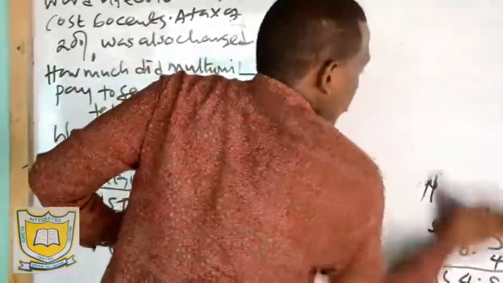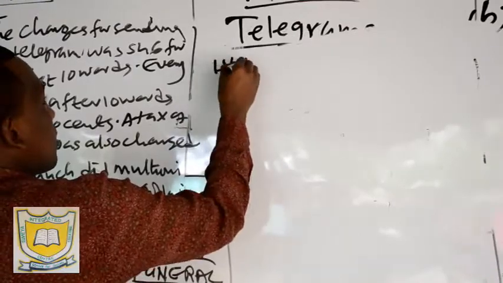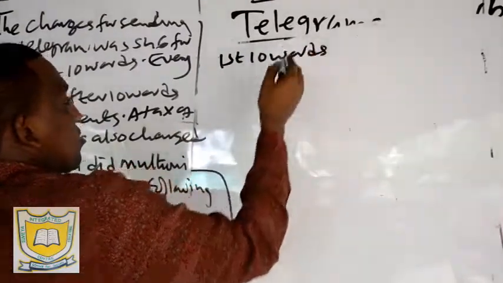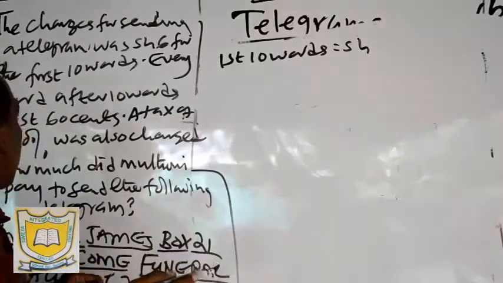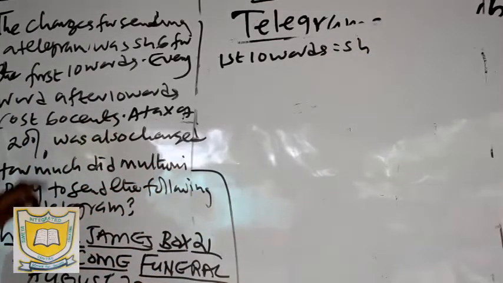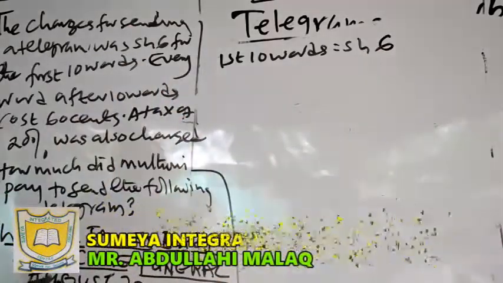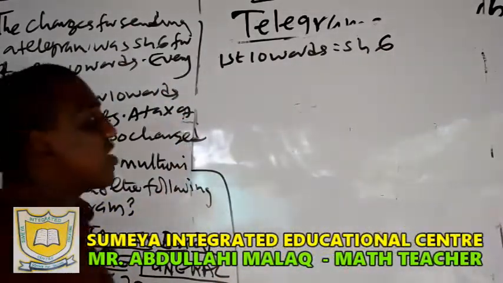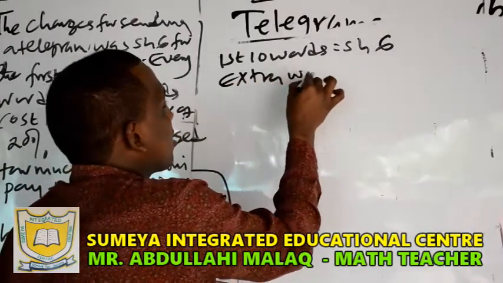Then they said the first 10 words, shillings 6. Then they said 60 cents for every extra word; extra means additional words.